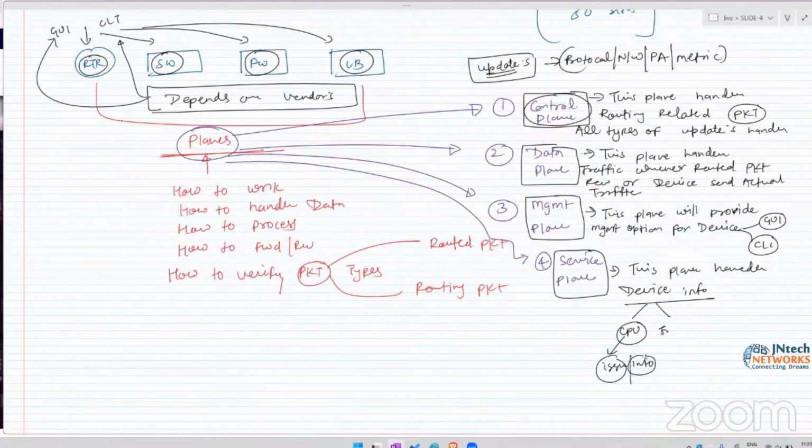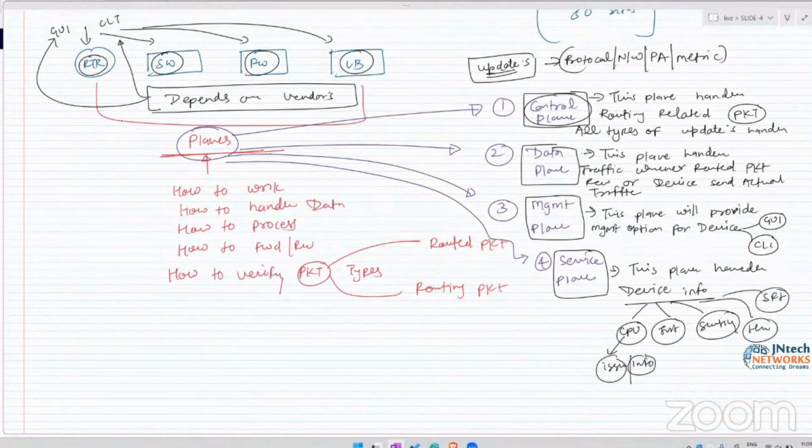If you have any interface issue, security issue, bugs, or attacks, we can get informed immediately. Any hardware or software issue, we can see in the service plane. For example, if you know SNMP, why do we use SNMP? To collect information. Yes or no? From each and every device. So basically, every device maintains these planes.